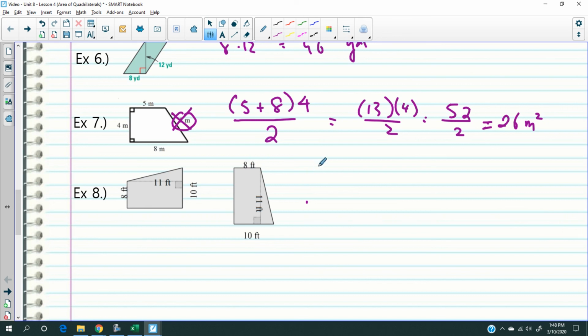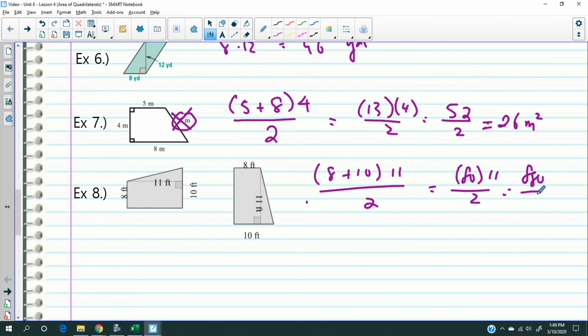So base 1, right, plus base 2 times height divided by 2. Let's see, that's 80 times 11. Let's see what that is. Notice how I rewrite every step also, okay? Because that's what the cool kids do. So let's see. 880, so 880 divided by 2, that's 440 what? Square feet. Okay? And that's how you do it.